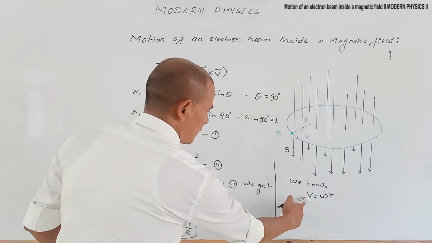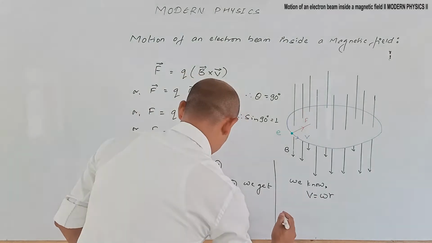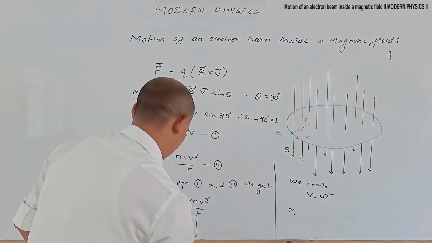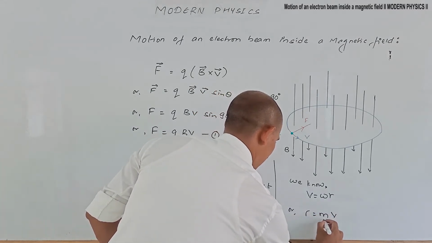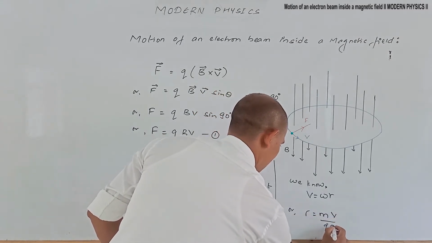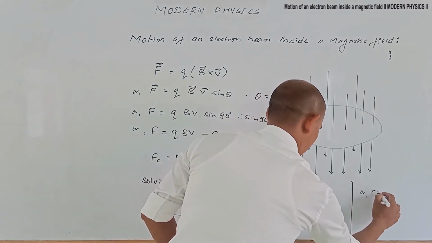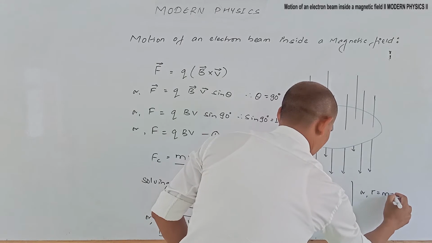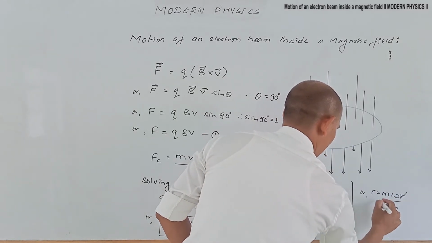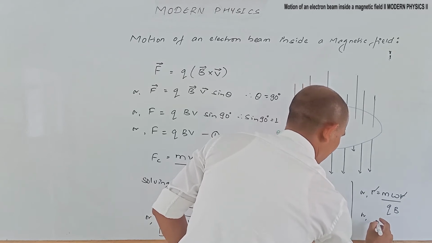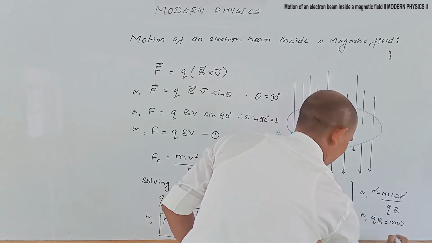Now, if I replace the velocity by omega r, r equals m v by q B becomes r equals m omega r divided by q B. Again r gets cancelled, so q B equals m omega.